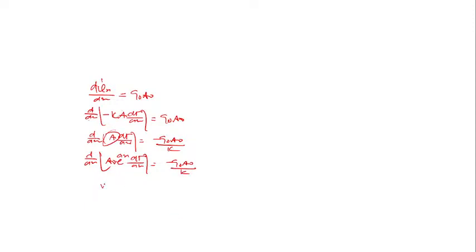Then integration will give you a naught e to the power ax into dT upon dx is equal to minus q naught into a naught upon k into x plus c1, sorry, into x plus c1. Clear? Yes or no?